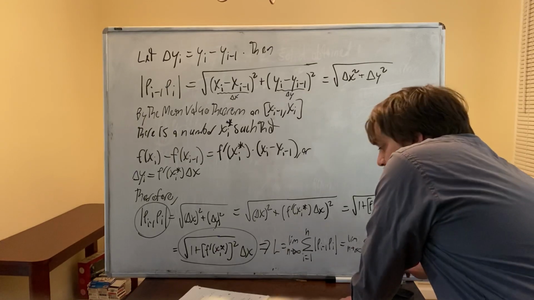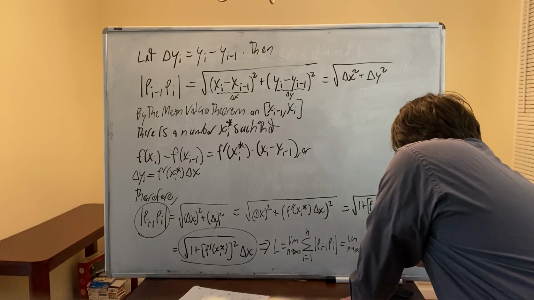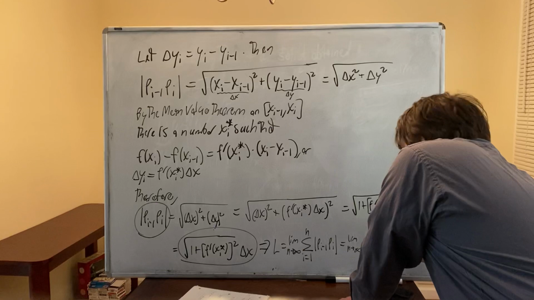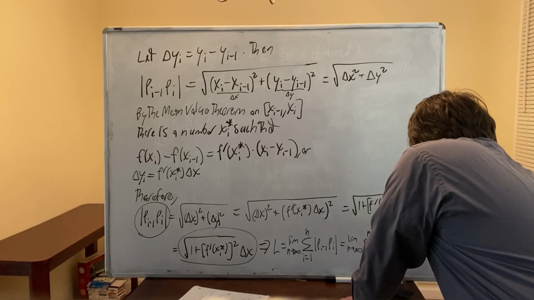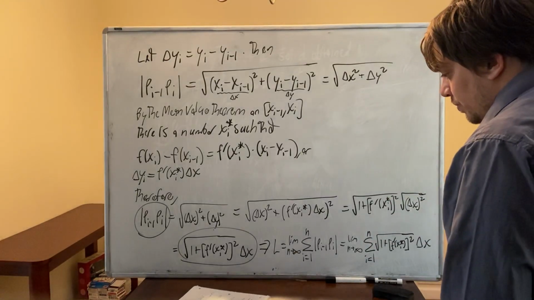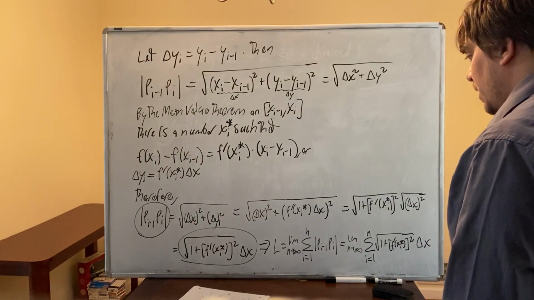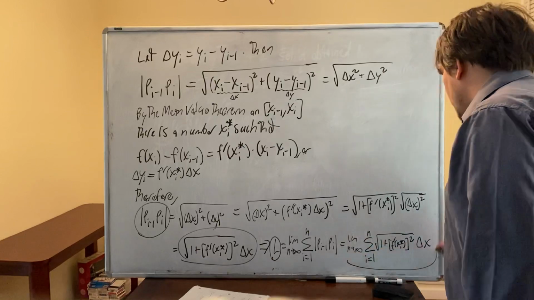So the sum from i equals 1 to n of the square root of 1 plus f prime of x sub i star squared delta x. Okay, so what we have now is that L, capital L, the actual length, is equal to this limit.